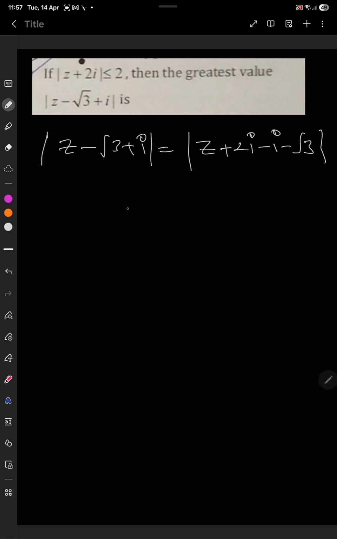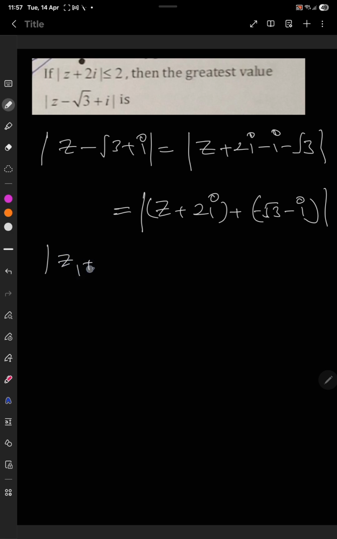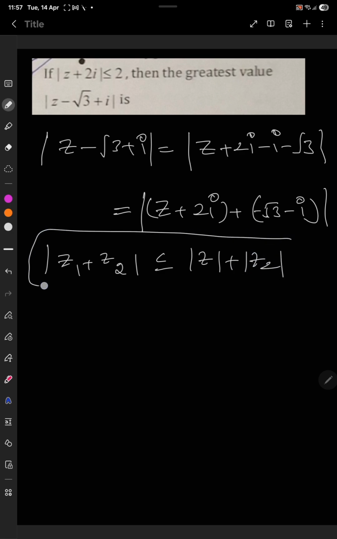So mod of z plus 2i, by taking plus common, it can be written as minus root 3 minus i. So this is in the form of mod of z1 plus z2 is less than or equal to mod z1 plus mod z2.